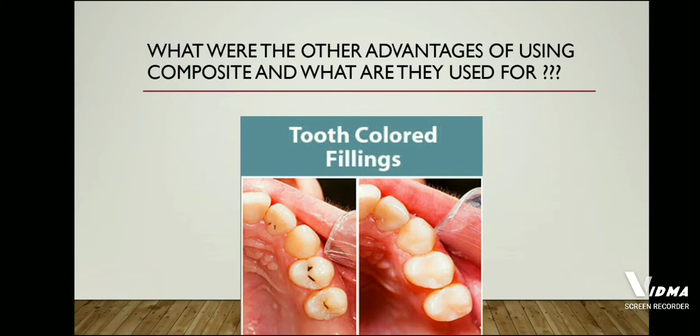Now what were the other advantages we were getting out of using composite, and what is it basically used for? The key advantage is that these composites can be made in a range of consistencies, from highly fluid to rigid pastes, so that they can be conveniently manipulated and molded to a custom made form.